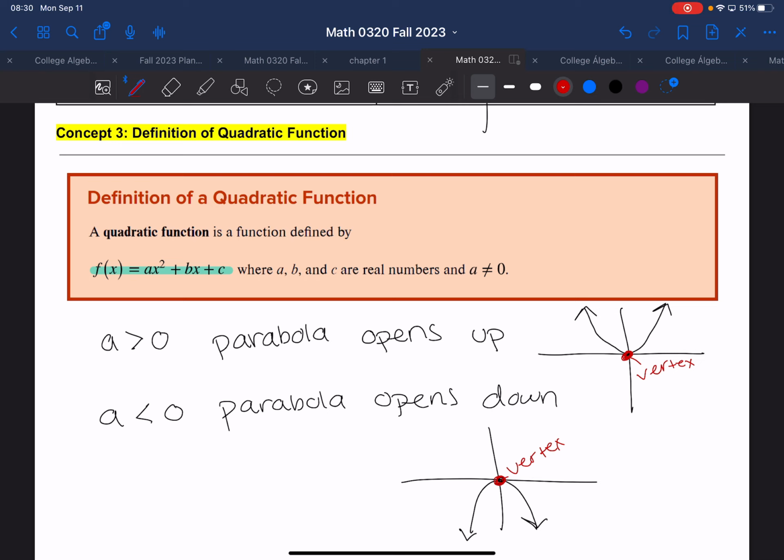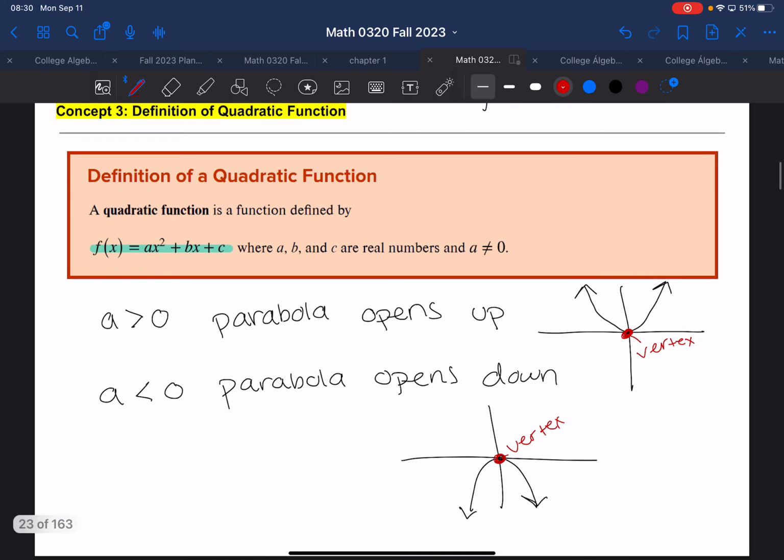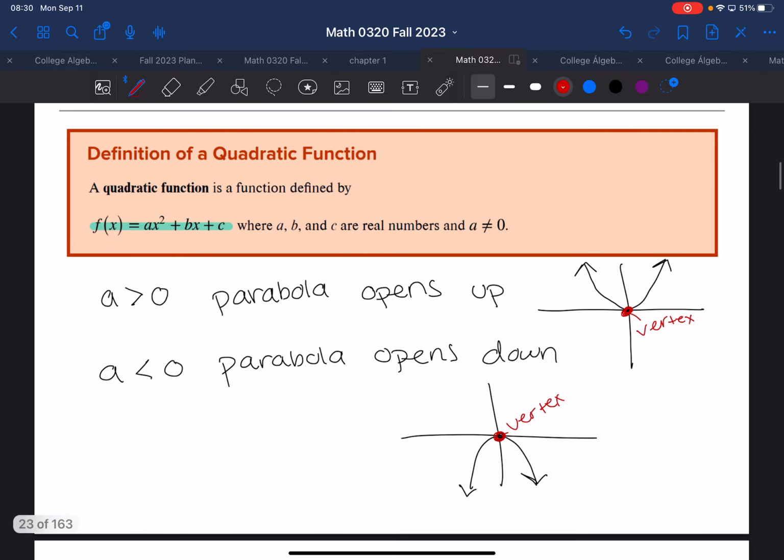So again, this is just defining a quadratic function, explaining what it looks like if our values of a changes, so the number before x squared.